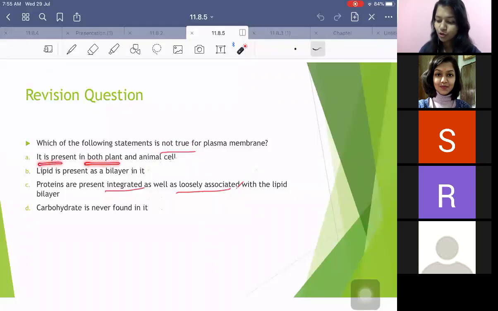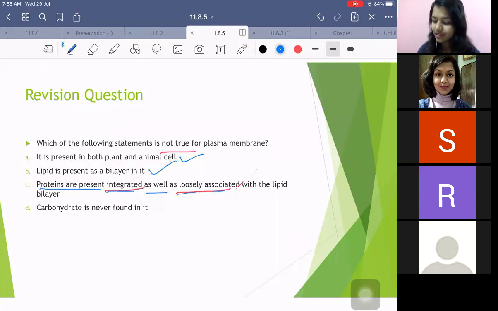It is present in both plant and animal. True. Lipid is present as a bilayer in it. True. Proteins are present, integrated as well as loosely associated with the lipid bilayer. True.